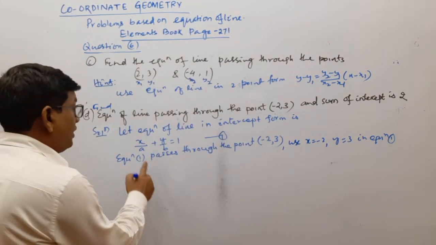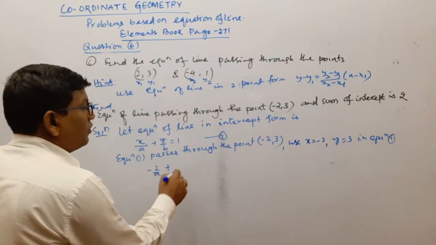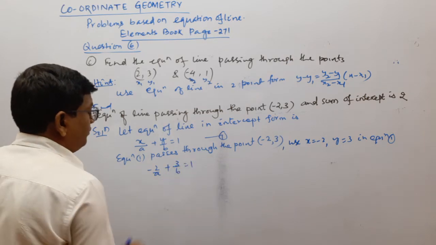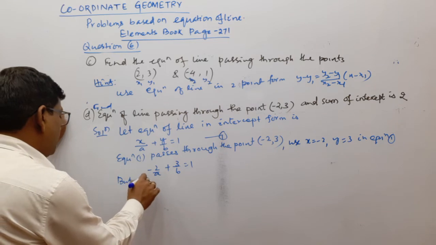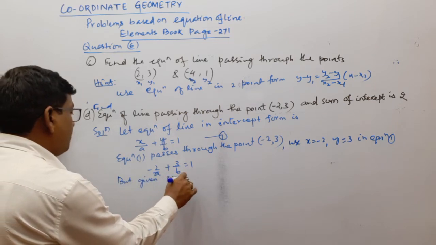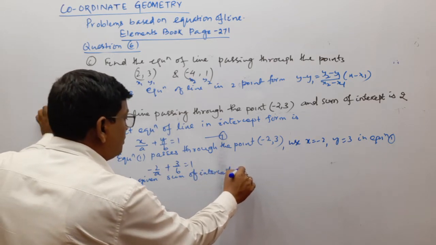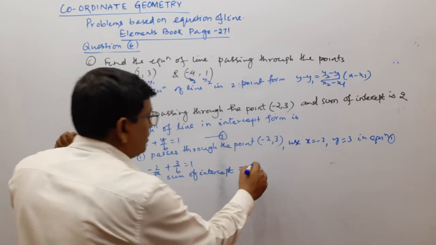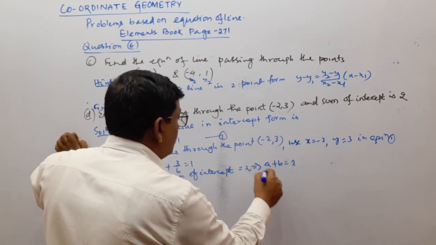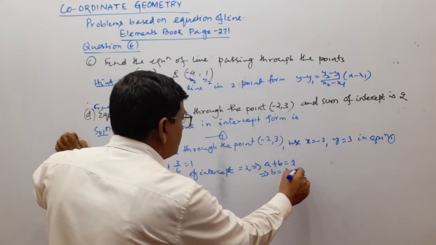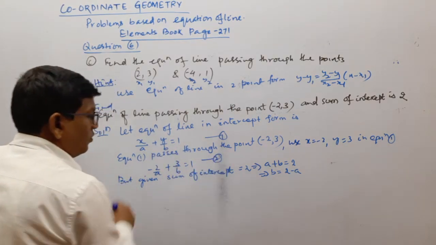Now x means minus 2 by a, y means 3 by b is equal to 1. Clear? But given sum of intercept is equal to 2. That implies a plus b is equal to 2 or b is equal to 2 minus a.